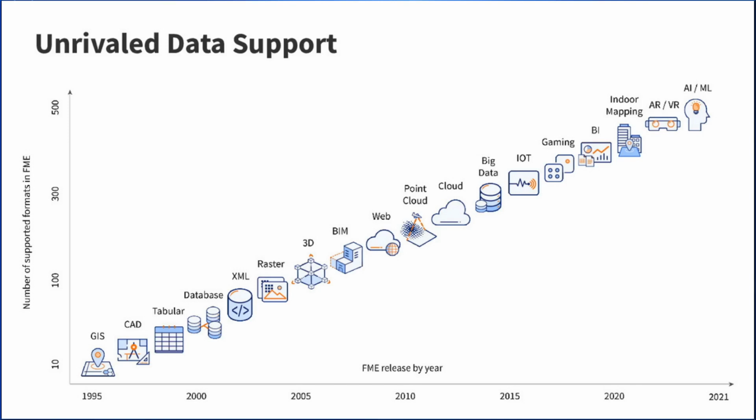We support lots and lots of different data formats. I think it says something like 500 formats now, and that wouldn't surprise me. I sometimes can't believe how many formats there are out there. We started off in GIS, went through CAD, tabular, as you can see in the chart. The big thing right now is indoor mapping.